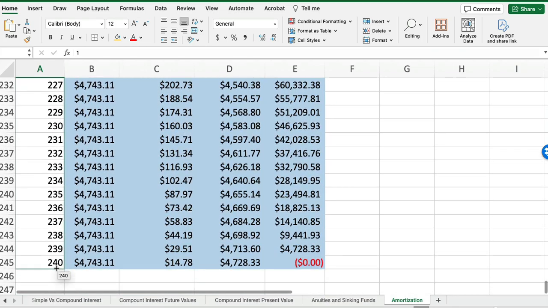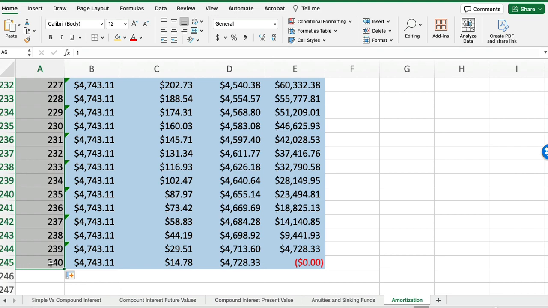And notice I stopped at 240. 240 just happens to equal 20 times 12, 20 years times 12 payments per year. So you need to fill all the way down manually.